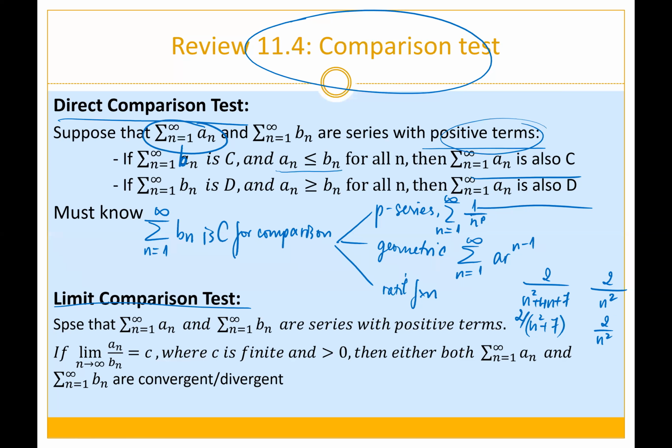Then we have the limit comparison test. The limit comparison test says that if you have two series with positive terms, you don't compare directly whether one is smaller than or equal to, or bigger than or equal to, the other. You just take the ratio of them. So you take the limit as n approaches infinity of the term in the sequence, a_n over b_n.